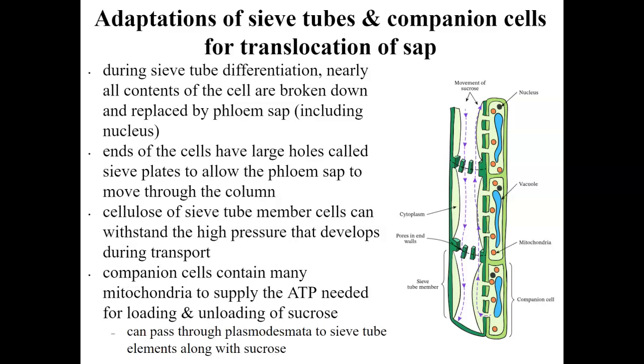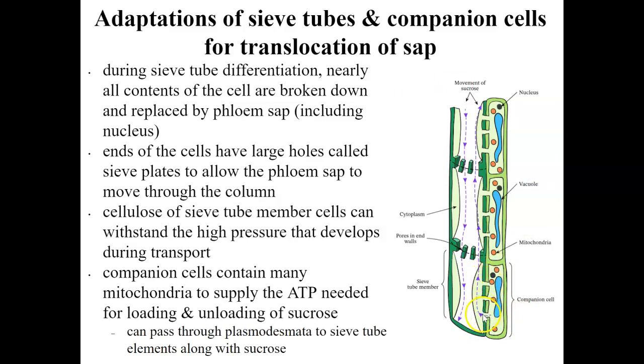We also said that our sieve tube members have really tough cellulose embedded within their cell walls, and this allows them to withstand the high pressure environment that will occur during translocation. Remember, we have that hydrostatic pressure building up, and we need our cells to be strong enough to withstand that level of pressure, and they are. And then we said that even though the sieve tube members are alive, they lack a lot of essential things that keep a cell alive. So there's a companion cell attached to it, adjacent to it right here, with plasmodesmata connections between them.